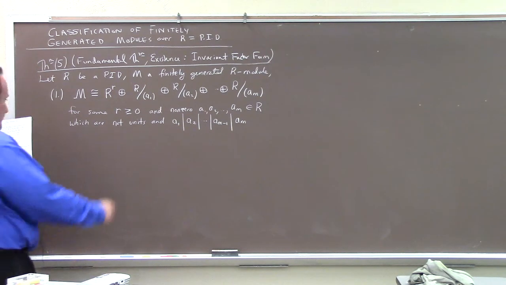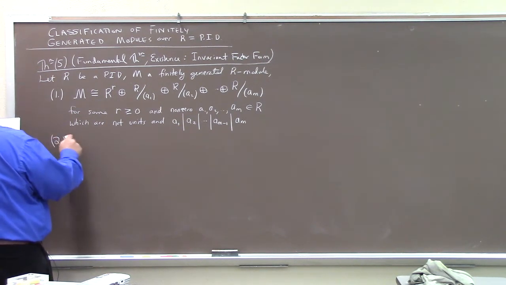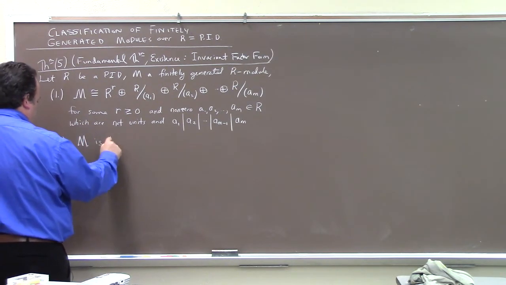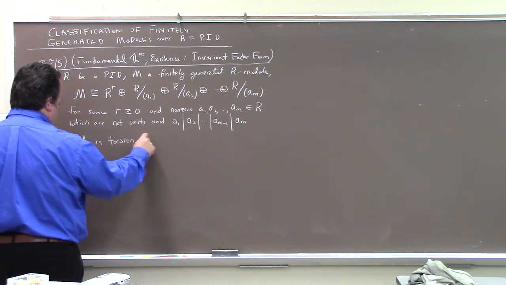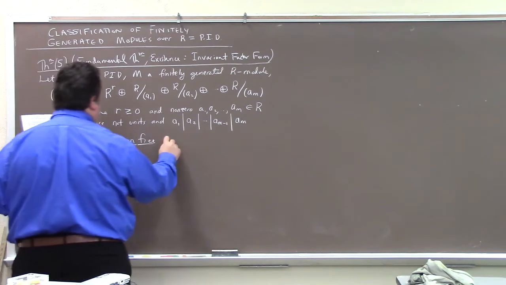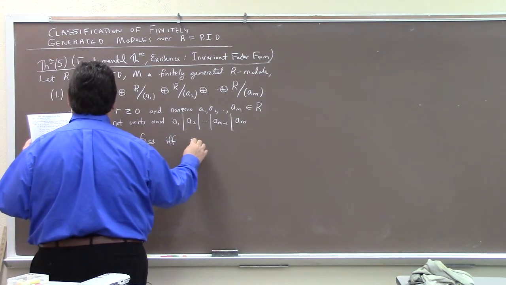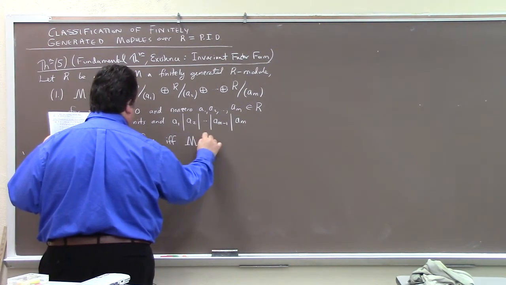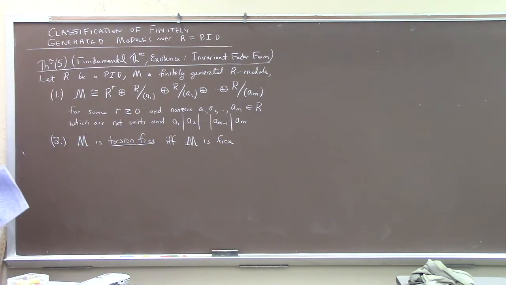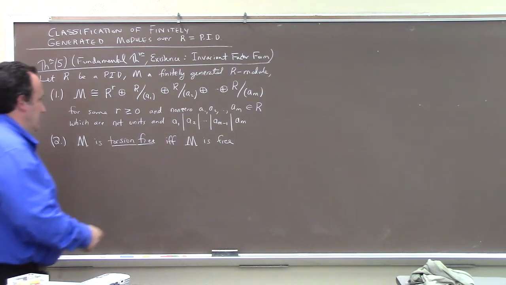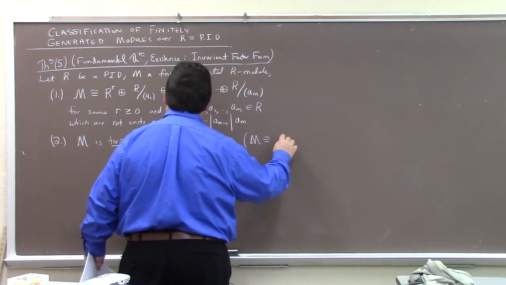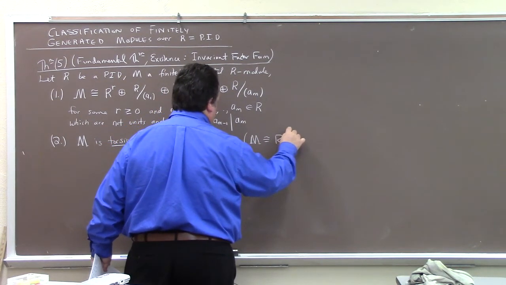So these satisfy divisibility relations. All right. Number two, M is torsion free if and only if M is free. By the way, M being free means that M is just isomorphic to R to the r.